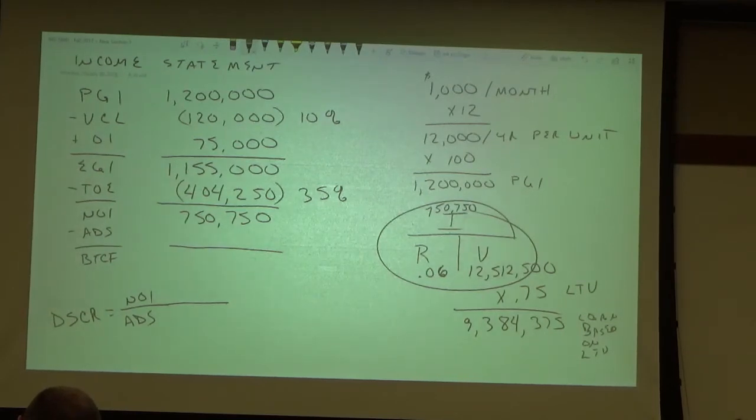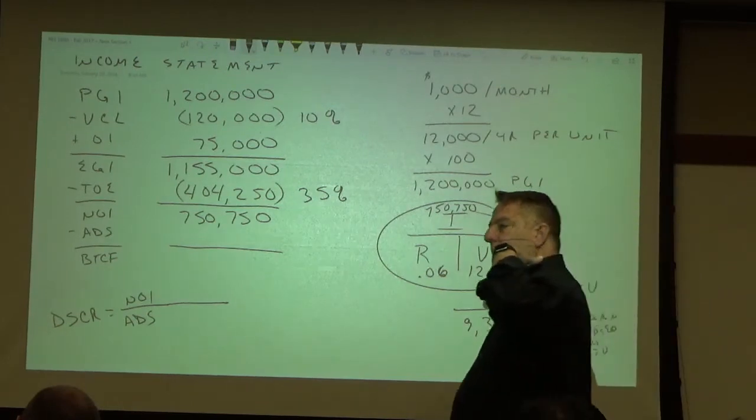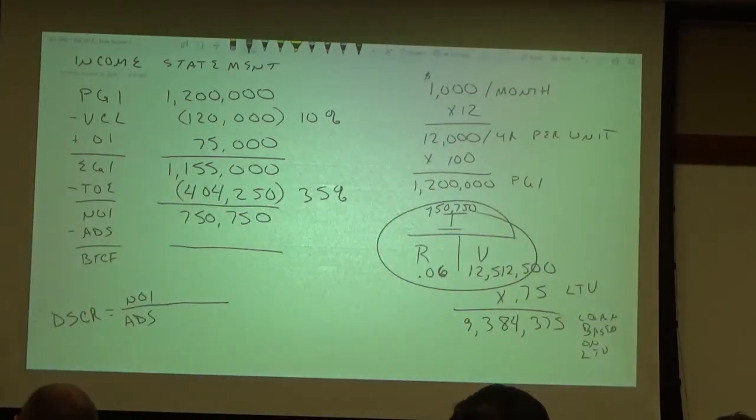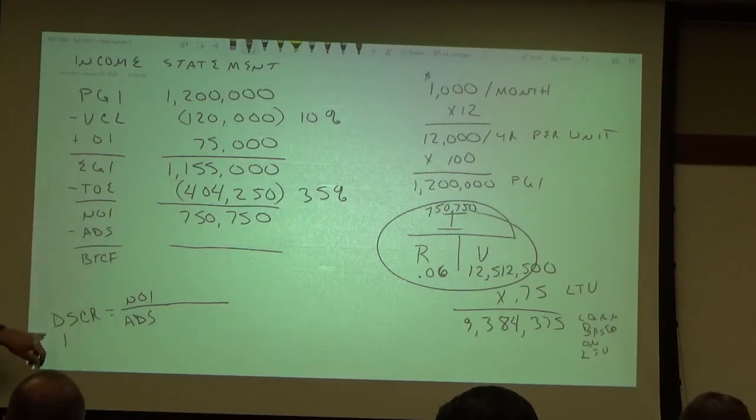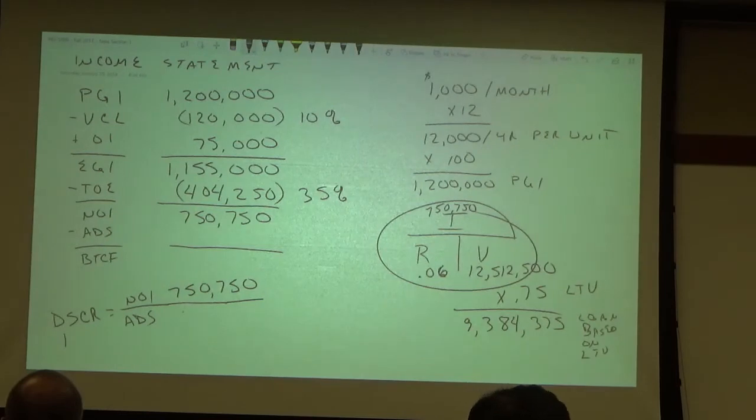And so they don't want you taking on more debt or more loan payments than you can actually afford to pay with the property. So they're normally going to say we want something greater than a 1 as your debt service coverage ratio. Let's just throw in a number here for simplicity. Let's say our net operating income were $750, all right? Now, if we had an annual debt service of $750, that means our debt service coverage ratio would be 1.